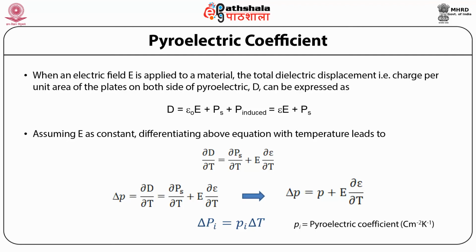However, in practice, the electrodes collecting the charges are normal to the polar axis. We treat these quantities as scalars and the coefficient is usually negative because polarization decreases with temperature.